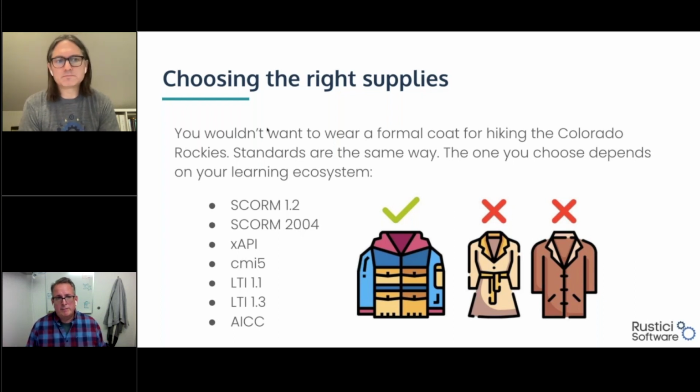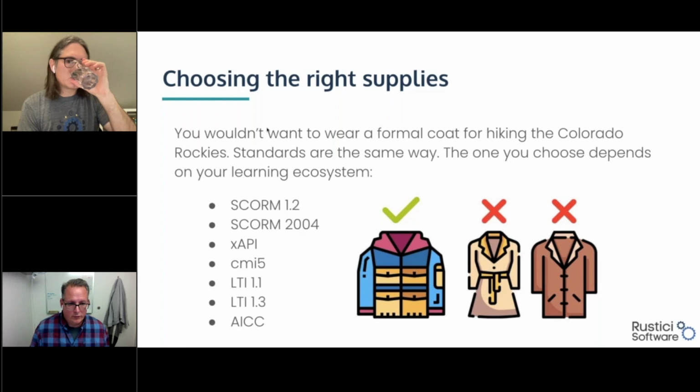Both xAPI and cmi5 have SCORM parity for the most part. So a lot of the things you can get in SCORM, you can get with those standards.